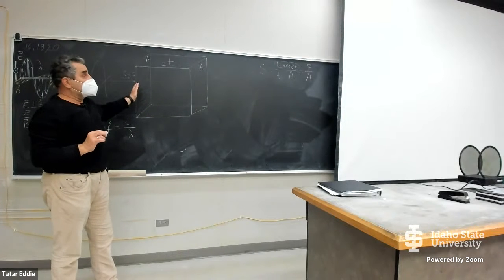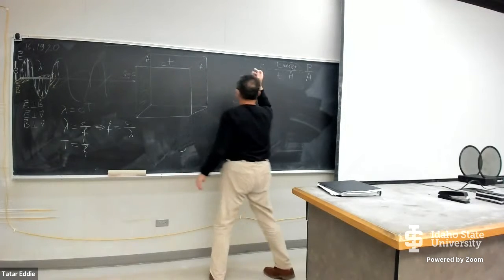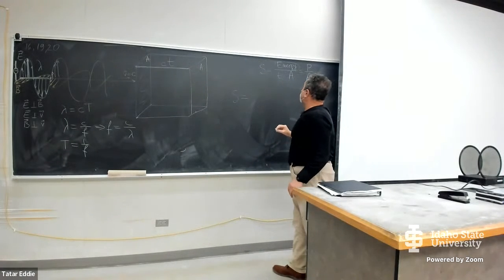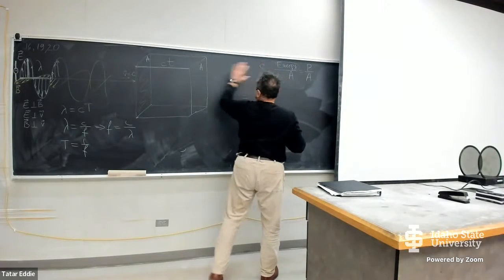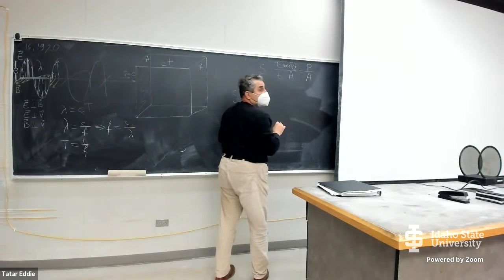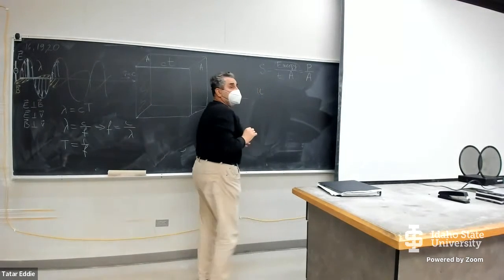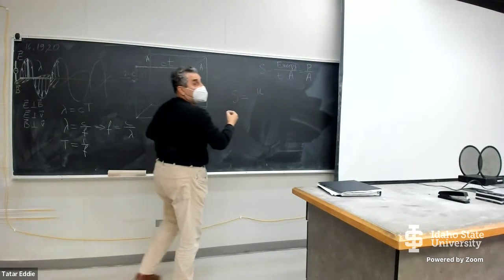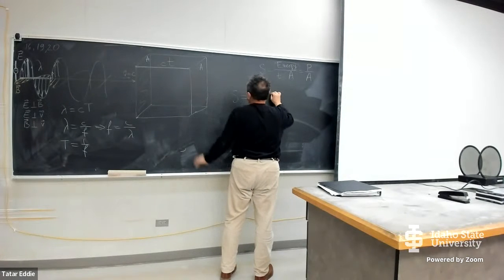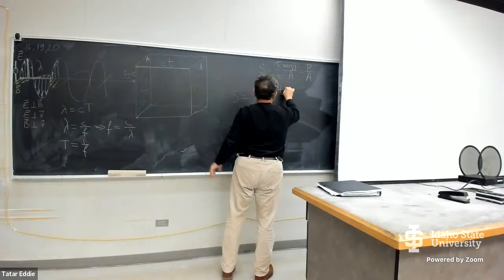And we can calculate it. The intensity of the electromagnetic wave is the energy contained in the box. And that energy contained in the box is going to be energy density multiplied by the volume of the box. But the volume of the box is the area A multiplied by the length of the side ct.